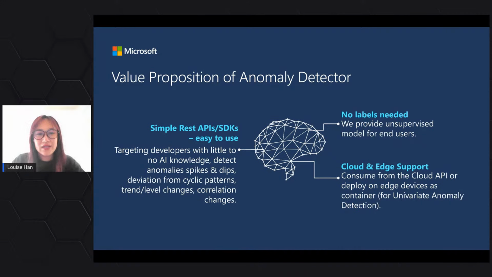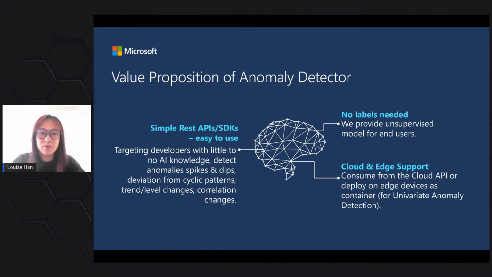You just use one API to apply on all kinds of data. Within that, we can detect different kinds of anomalies, including spikes and drops, deviation, and also trend changes or level changes. And for the multivariate, it will detect the correlation changes.